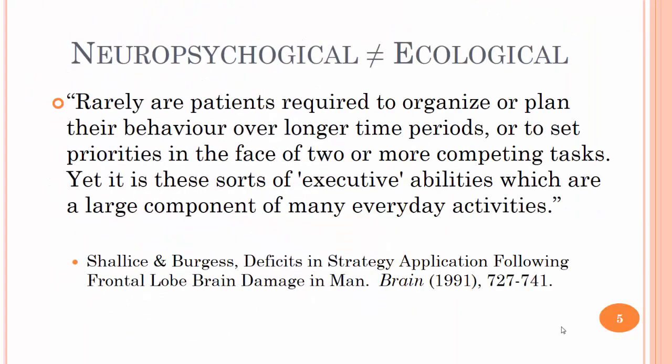Rarely are patients required to organize or plan their behavior over longer time periods, or to set priorities in the face of two or more competing tasks. Yet it is these sorts of executive abilities which are a large component of many everyday activities. That quote is from Chalice and Burgess, Deficits in Strategy Application Following Frontal Lobe Brain Damage in Man, presented in the journal Brain in 1991.